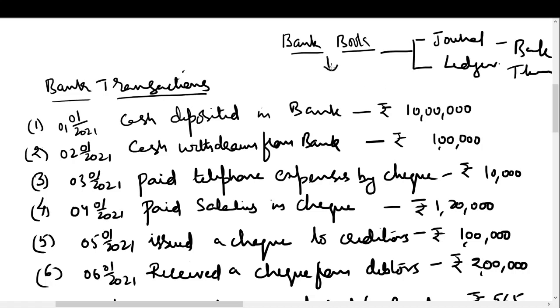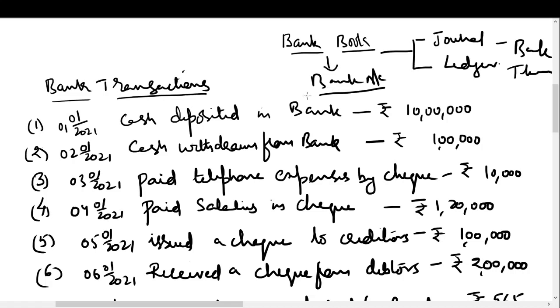Bank book and bank account are synonymous, and when you prepare a bank book, you need not maintain again a separate ledger account for bank account. It plays the double role of being both a place where we record the journal entry and where we prepare the bank ledger account as well.